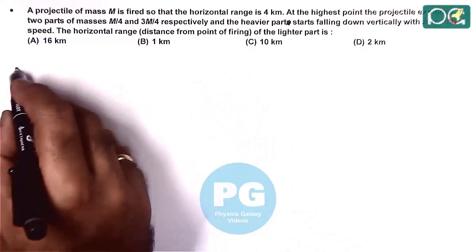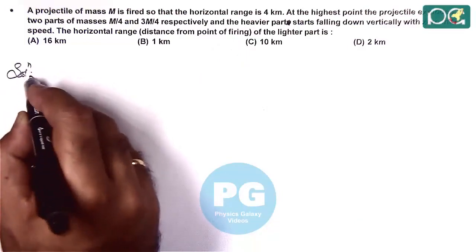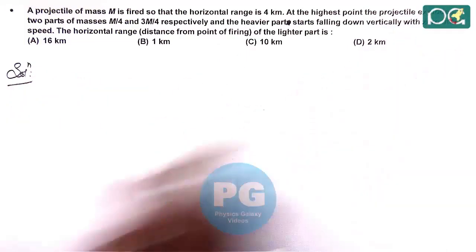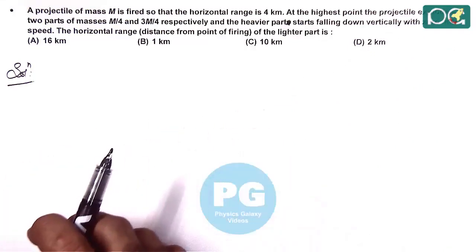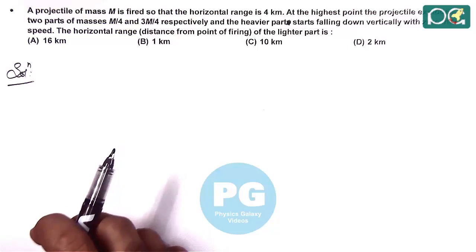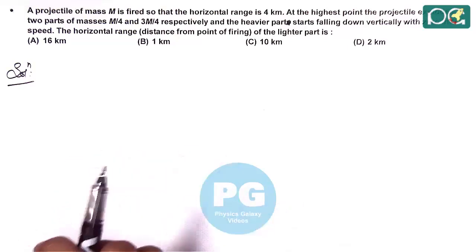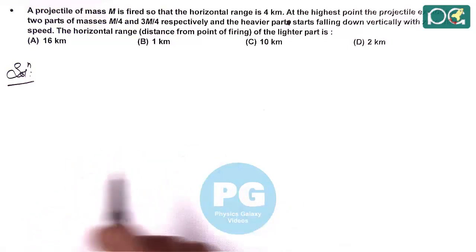And we are required to find the horizontal range of the lighter part, that is distance from the point of firing. So here we can visualize, as we know in case of explosion of a projectile, we already studied in theory that the center of mass of the exploded particle follows the path of original projectile.